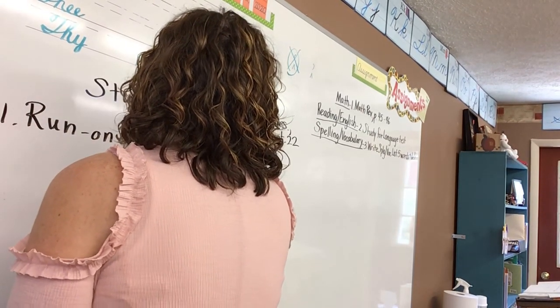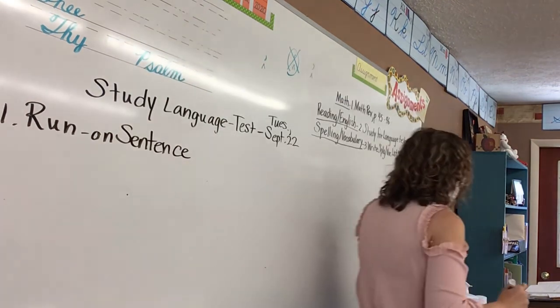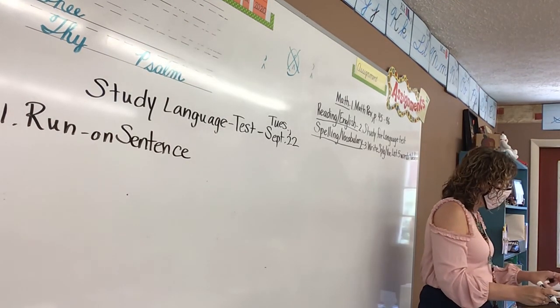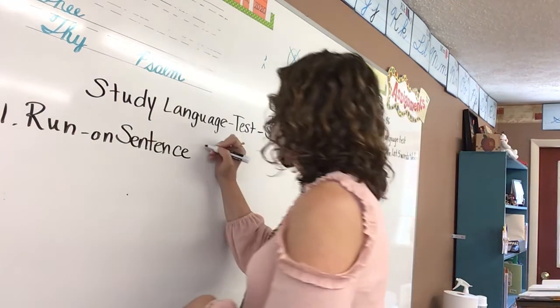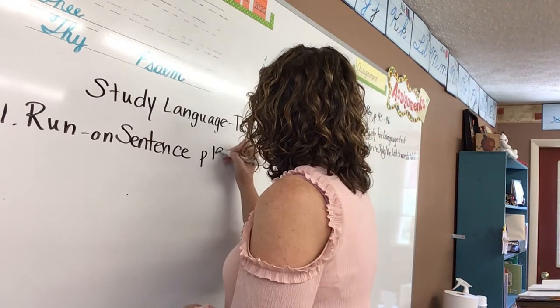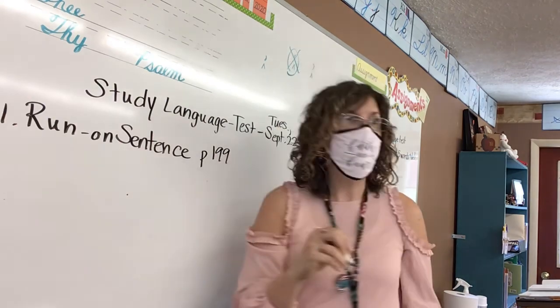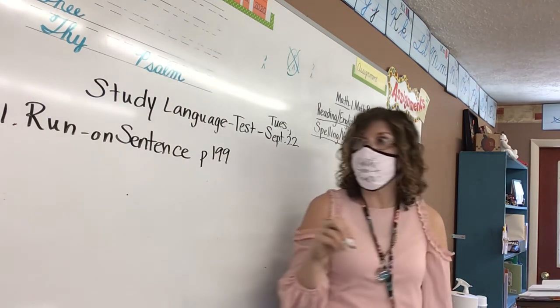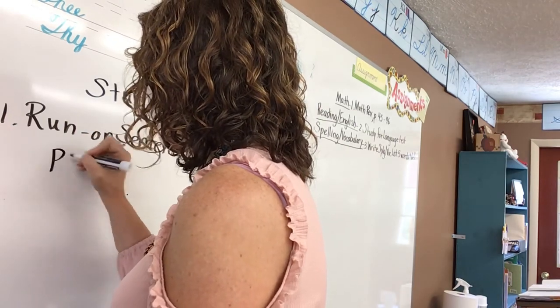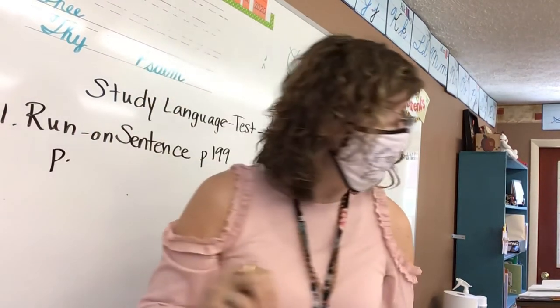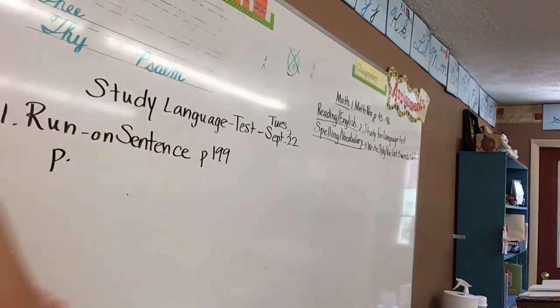All right, in your language book, you can look on page 199 to find the 2 ways to correct run-on sentences. But you also can look on page, what was the page that had that on it?